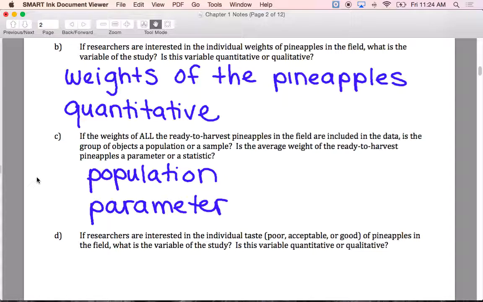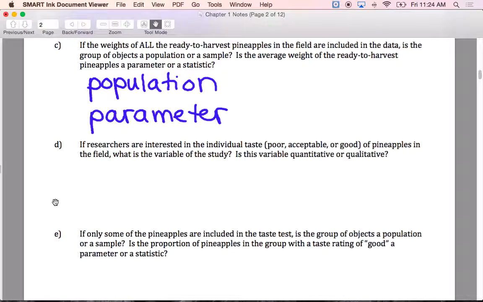Now for part D, if researchers are interested in the individual taste, poor, acceptable, or good, of pineapples in the field, what is the variable of the study? Is this variable quantitative or qualitative? So now what we're looking at is the taste, and it's a rating with the taste. So we're not looking at weights, we're not looking at numbers, we're looking at terms, descriptions.